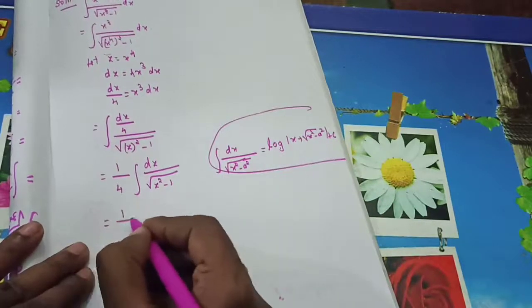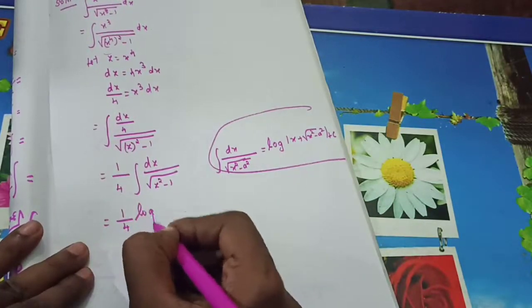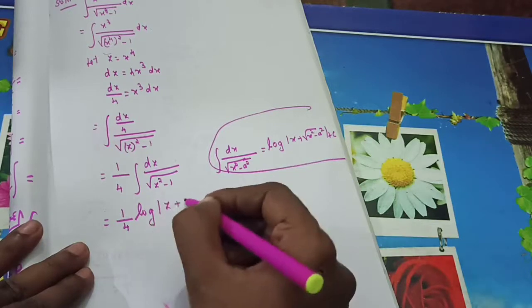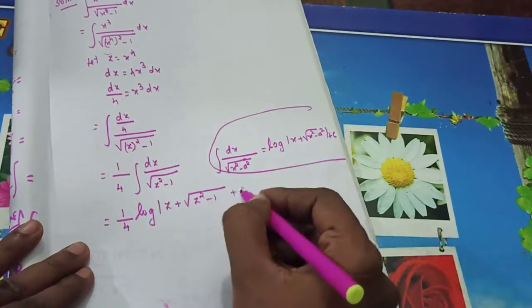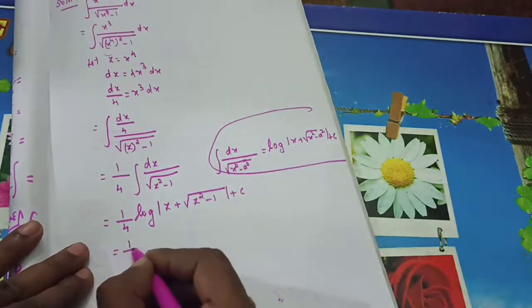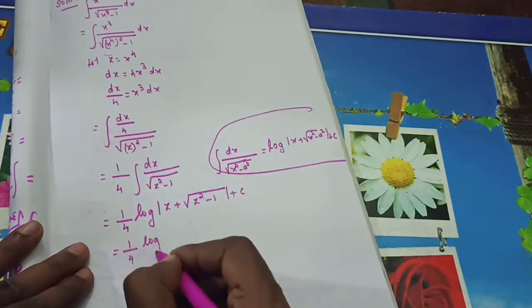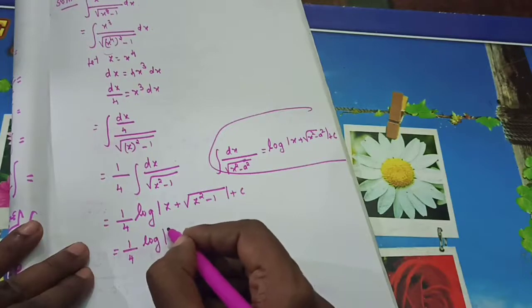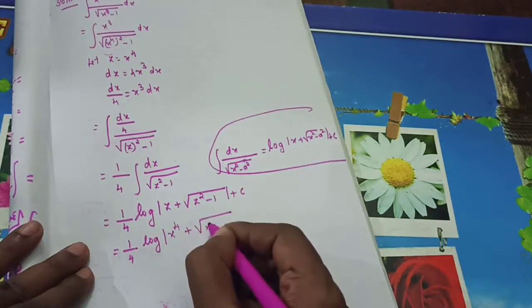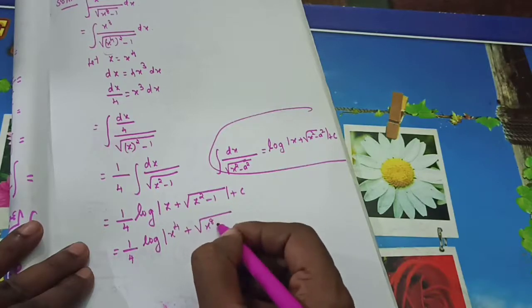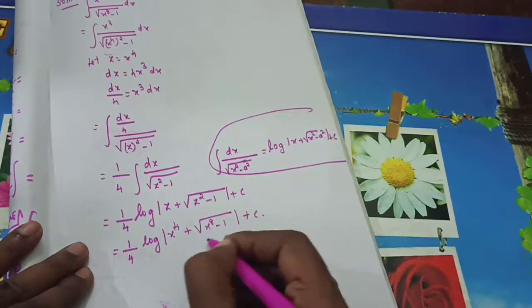Use this: 1 by 4 into log of modulus of z plus square root of z square minus 1, modulus, plus c. That's equal to 1 by 4 into log of modulus of x power 4 plus the square root of x power 4 the whole square, that is x power 8 minus 1, plus c. Okay, this is the answer. Okay, next problem, problem number 12.